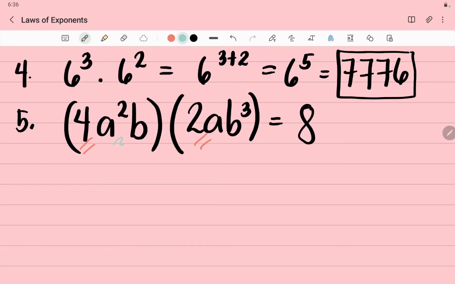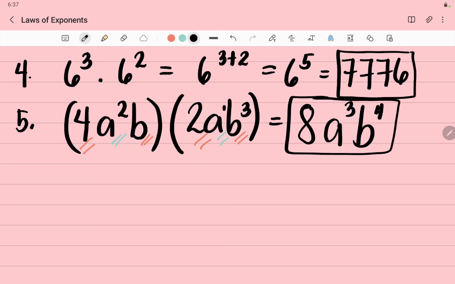Next, we have a squared times a. So, we have now a raised to 3. Remember, that is a raised to 1. Next, b times b cubed. We have now b raised to 4. That is our final answer.